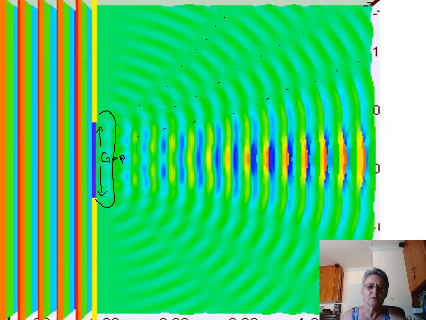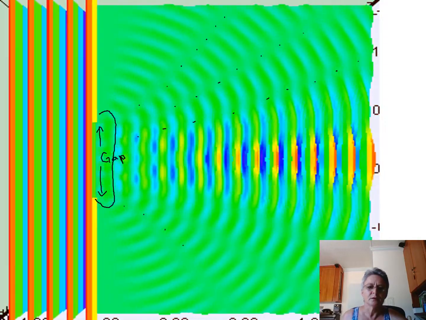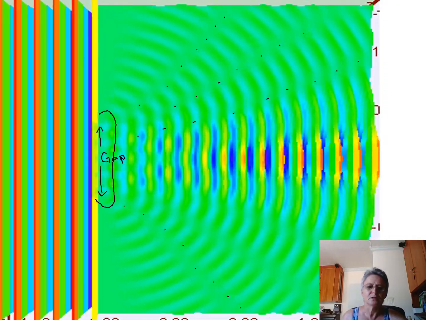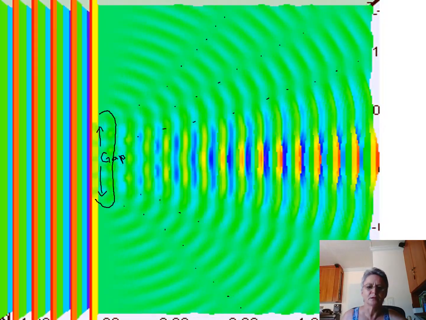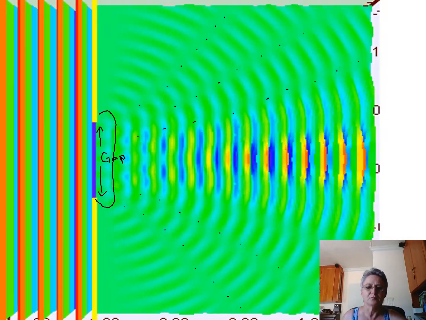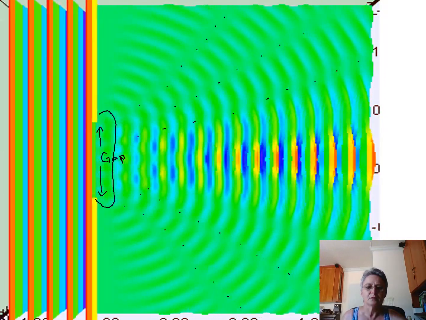So here we have another set of zero disturbance lines, beautifully animated in this animation.